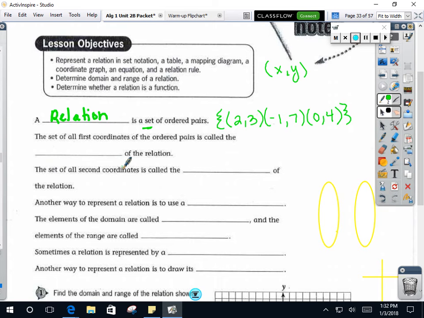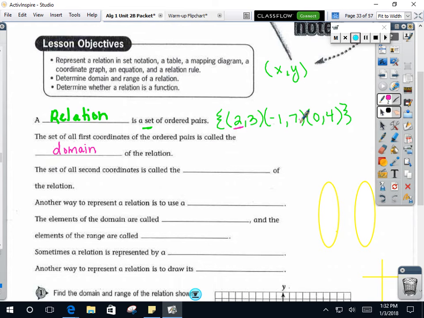The set of all first coordinates of the ordered pairs is called the domain of the relation. So, in that very first ordered pair I wrote, which one of these is the first coordinate? The 2.